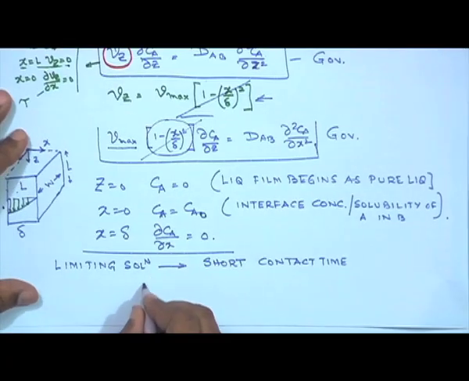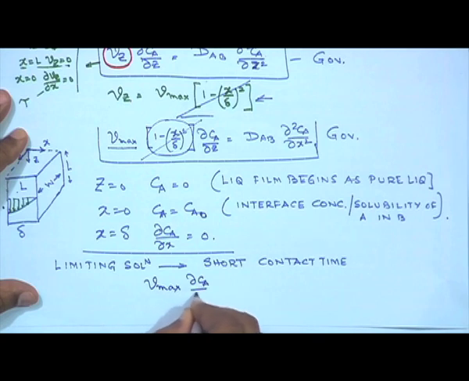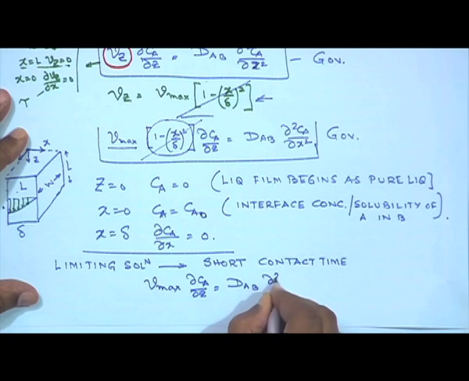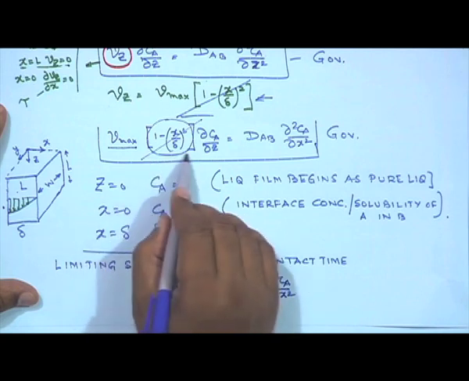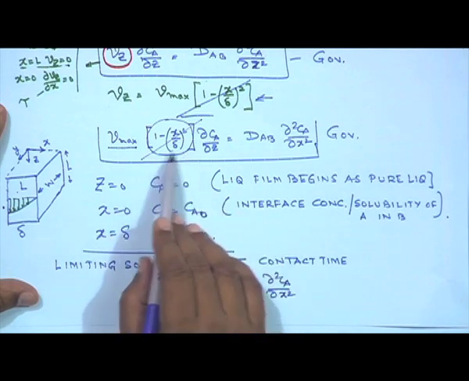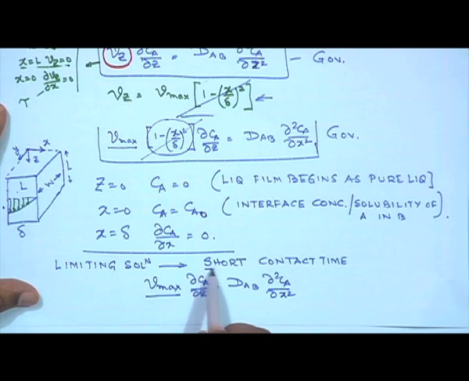So the modified equation for short contact time is Vmax del Ca by del z is equal to dAB del square Ca by del x square. The dependence of velocity on x is no longer relevant for the case of short contact time.